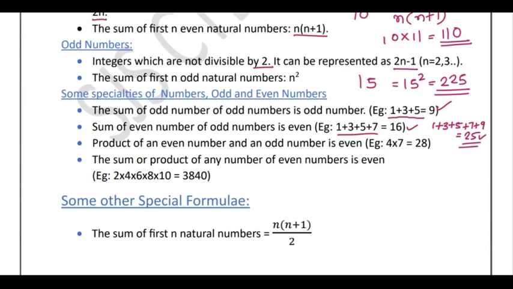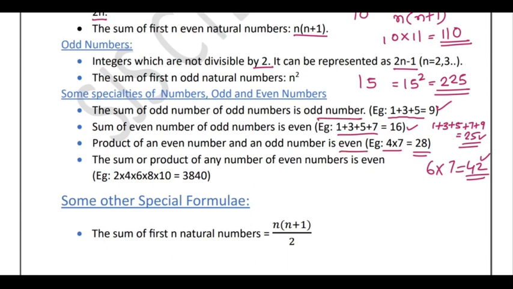Then the product of an even number and an odd number is even. That you are already aware of. When you multiply an even number and an odd number, for example 6 into 7, what is the answer? 42. So 42 is an even number. An example is also given here. When you multiply an even number with an odd number, you always get the answer as an even number.